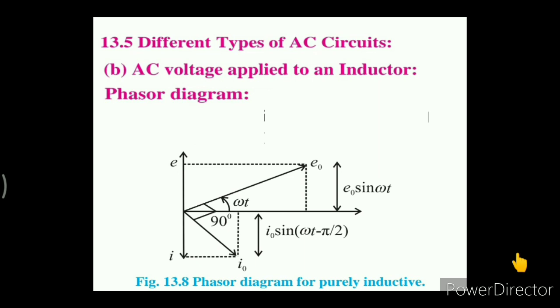So the phasor diagram for the purely inductive circuit clearly represents that the EMF leads the current by the phase pi by 2, or the current lags behind the EMF by the phase pi by 2.